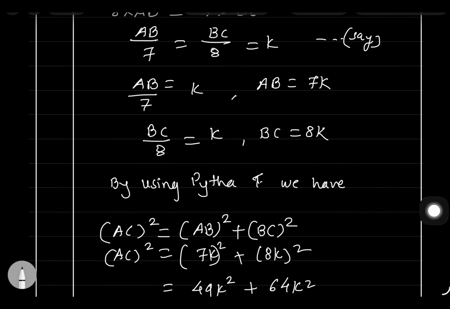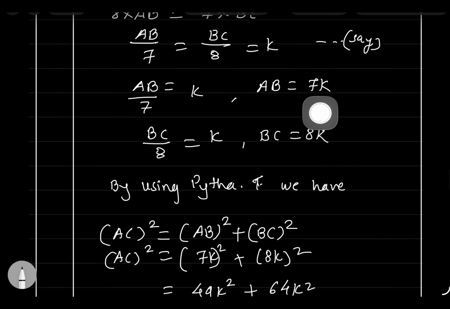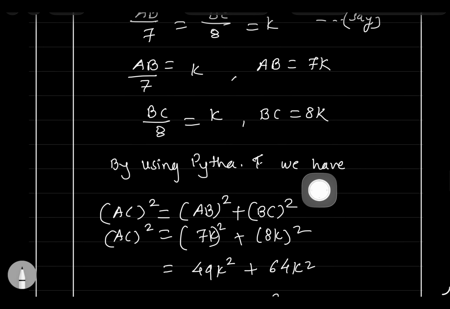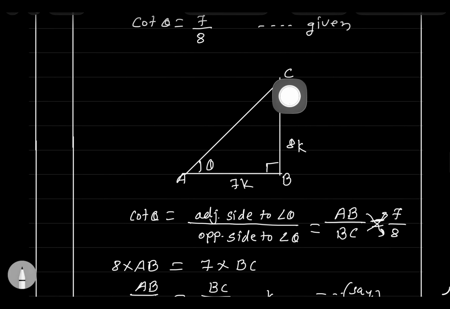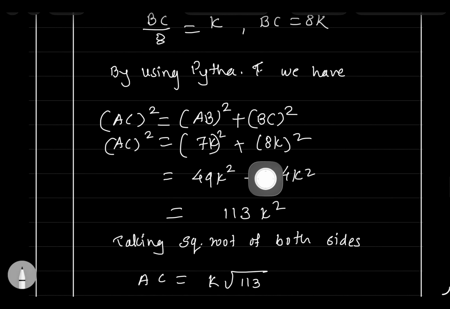Now, by using the Pythagoras theorem, two sides we have written there, AB equal to 7K and BC equal to 8K, so we can find the third side. Using AC square equal to AB square plus BC square, AC square equals 7K square plus 8K square. 7 squared is 49K square plus 8 squared is 64K square.